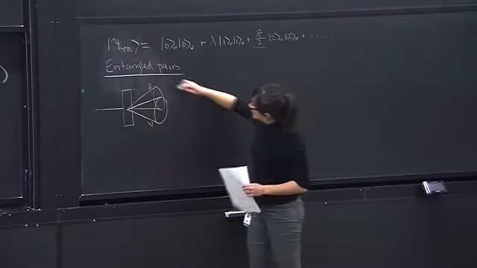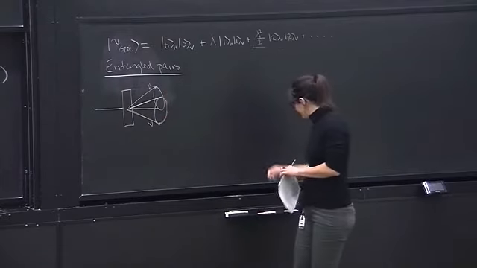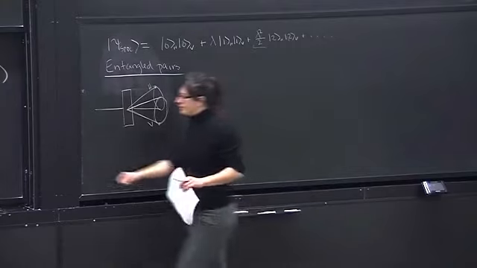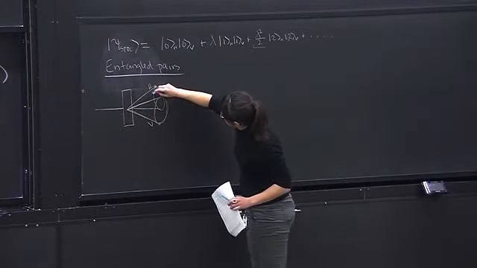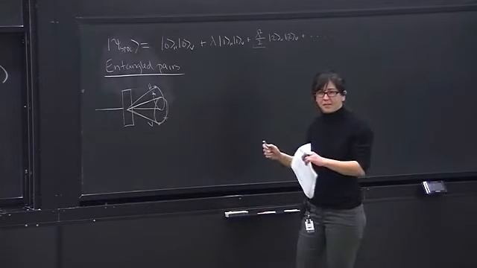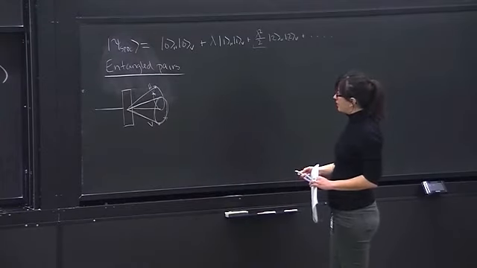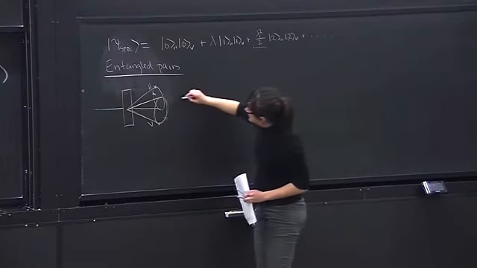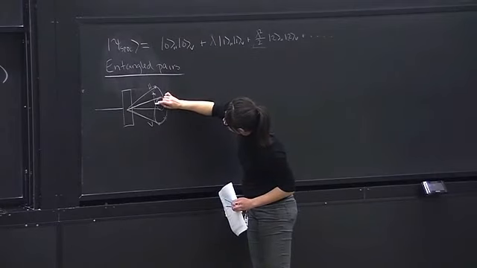This guy is going to be correlated with that guy. This one here will be correlated with that one there, as long as they all satisfy energy conservation. And the place that we're interested in is exactly where they intersect each other.